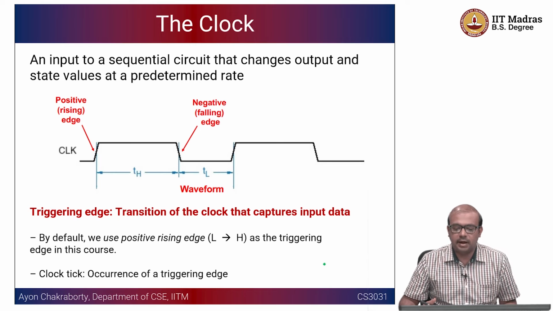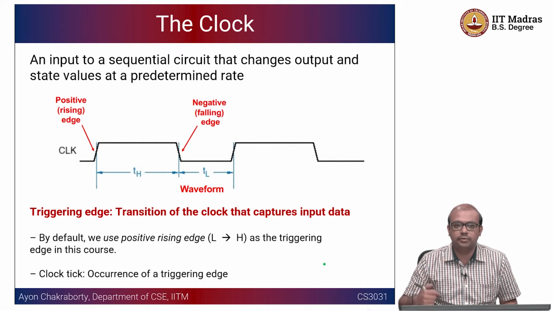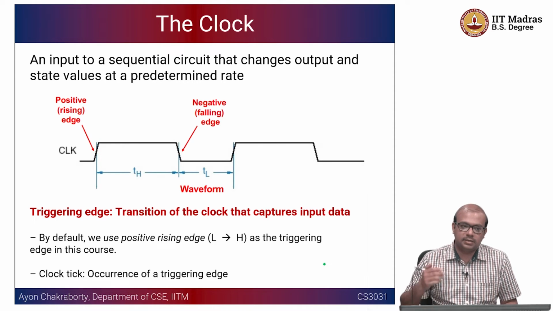So we need a mechanism to keep track of time, right, because as time progresses, the circuit also needs to know that time has progressed, and we need a way to determine the sequence of these times, some kind of a resolution at which we are keeping track of time.